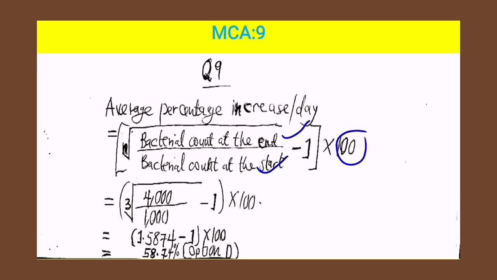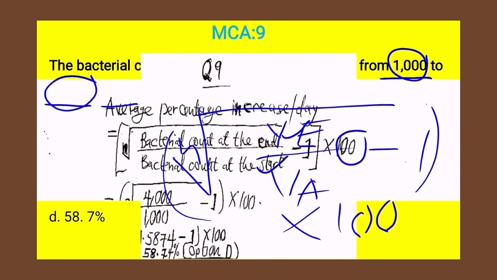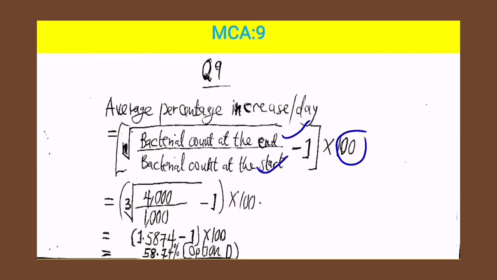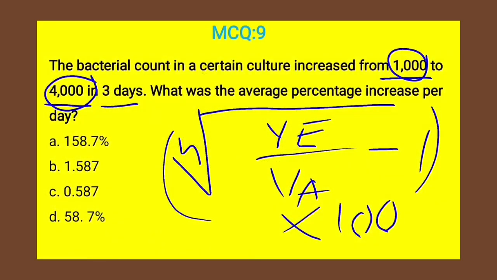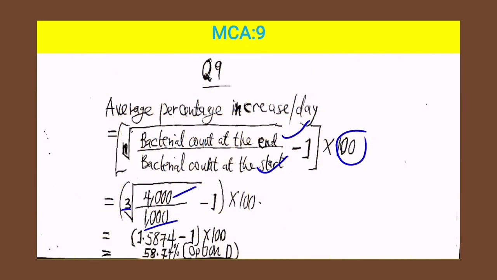So here you can see that the bacteria at the end was 4,000 in the question, and our start was 1,000. We remember the growth period was 3 days, so that's how come we also have 3 days here as the root type, which is the 3.